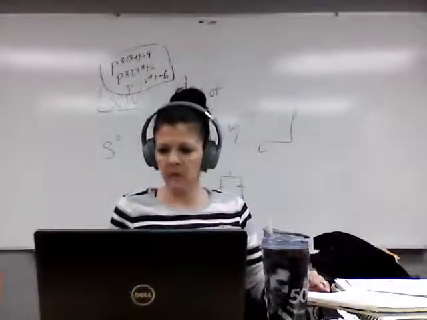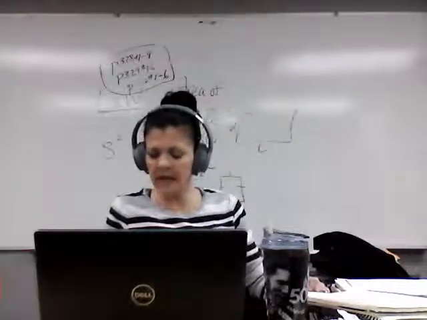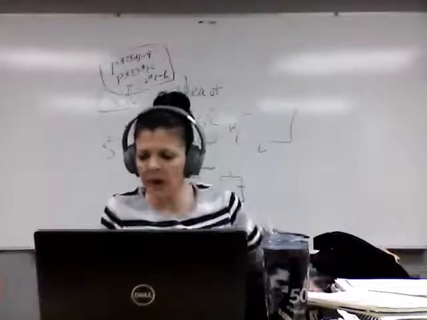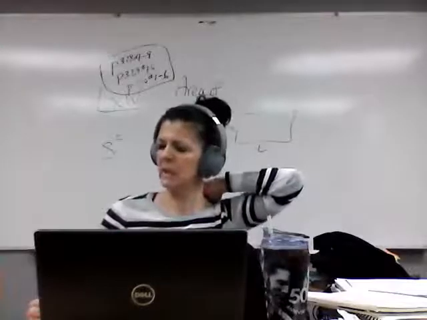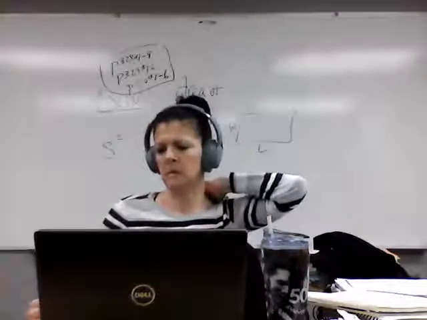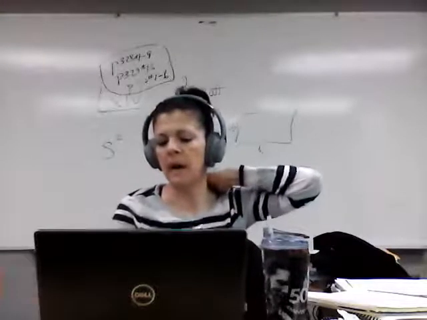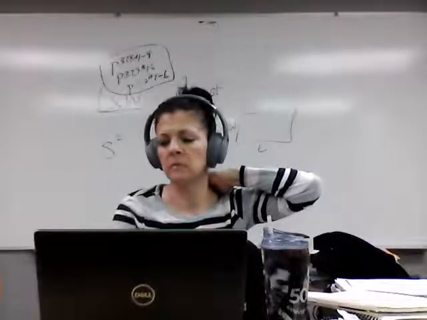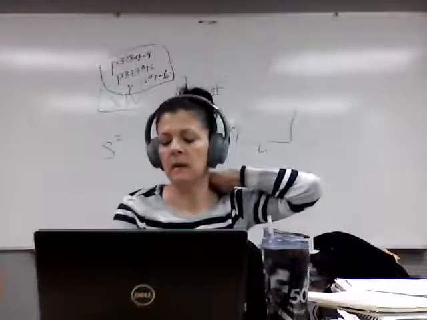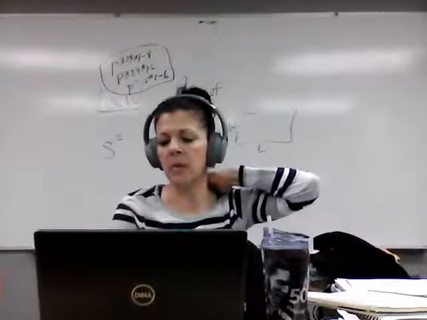Where's negative 1? All right, negative 1 is which way? That way or that way? This way, right? Negative 1 and then up 1. That's your y. That's your point now.